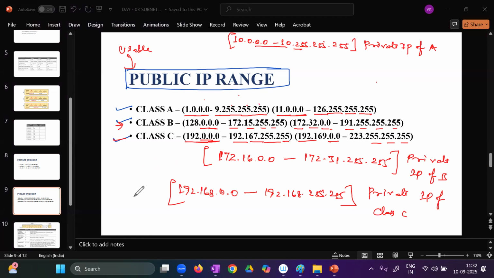Clear? Now see the ranges of the private IP range. Same thing is written, whatever we have written here.